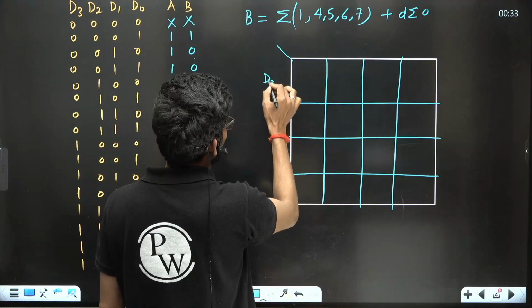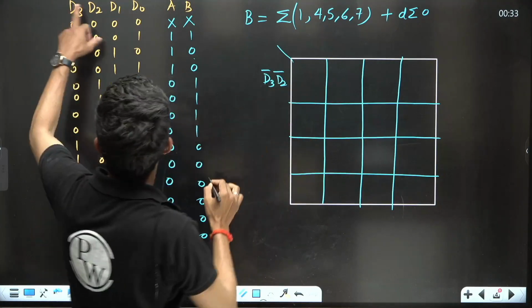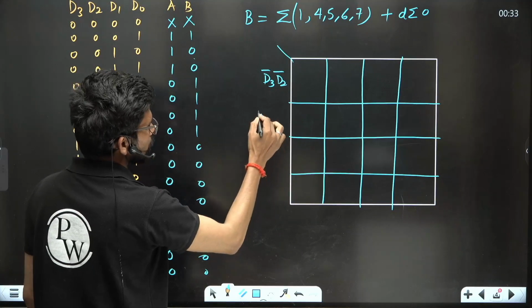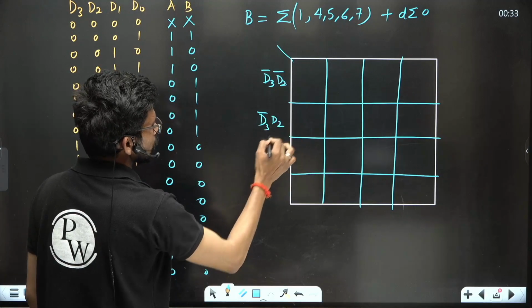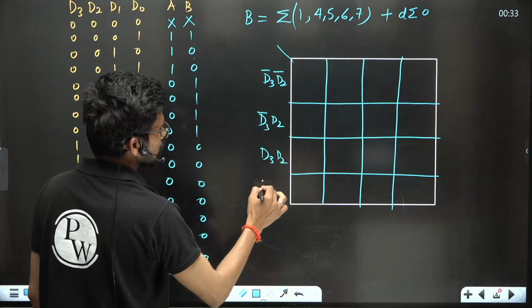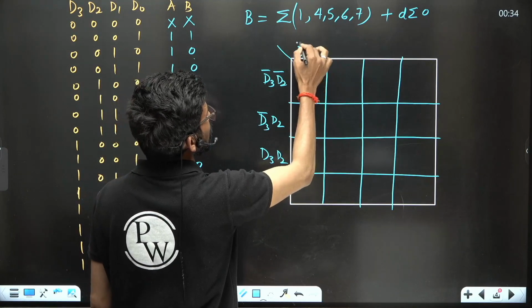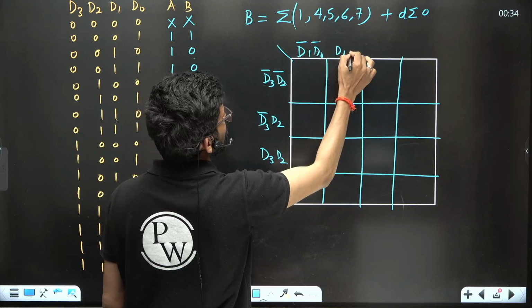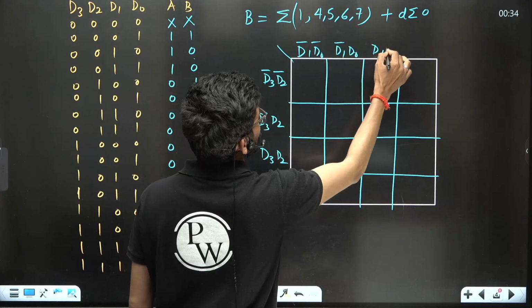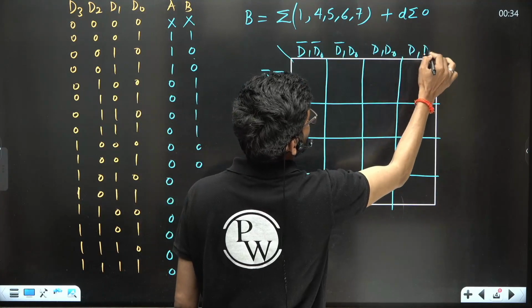Here D3 bar, D2 bar, this is A, B, C, D. D3 bar D2 bar, D3 bar D2, D3 D2, D3 D2 bar. Here D1 bar D0 bar, D1 bar D0, D1 D0, and D1 D0 bar.